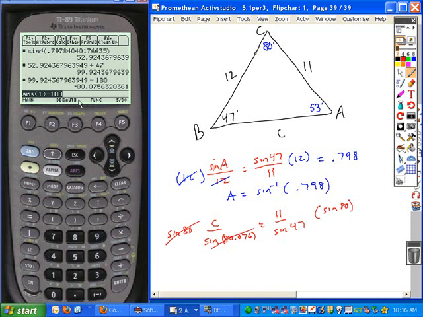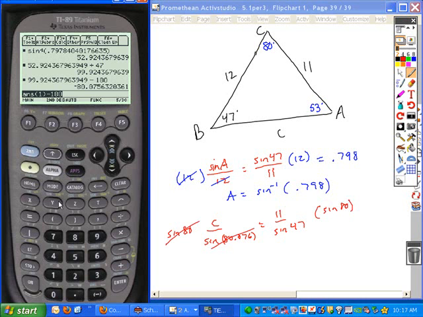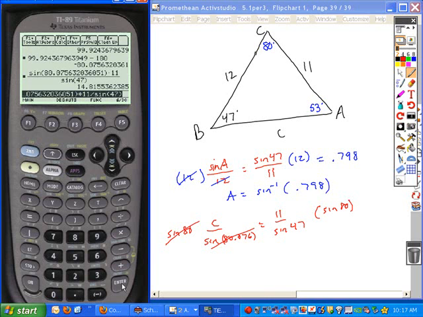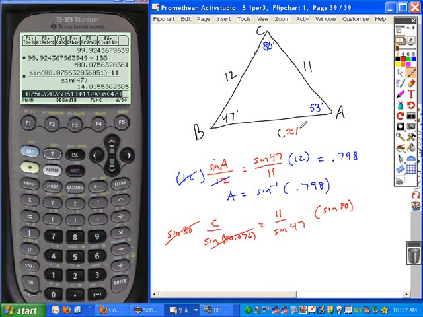So here when we calculate this, we're going to take the sine of this number. I'm just going to go up and highlight it and then change the sign back to a positive. And so here's our exact angle measure. So it's the sine of 80 times 11, all divided by the sine of 47. Hit enter, and you have your side of 14.8 approximately.